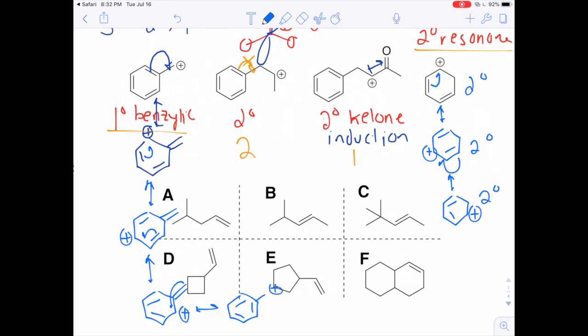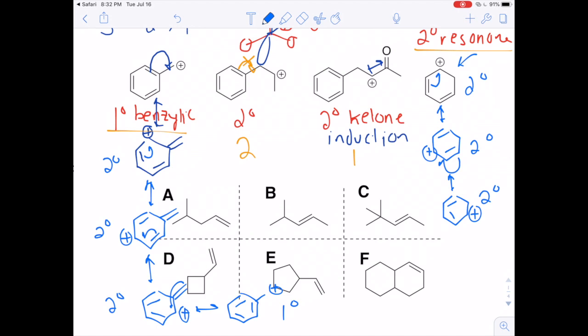Okay, so you can see that if we were to classify all these, we had primary, secondary, secondary, secondary again, and then primary. So if we were to weight those averages of primary plus secondary plus secondary plus secondary plus primary, it's not going to be an average of secondary like we saw with the structure over here.